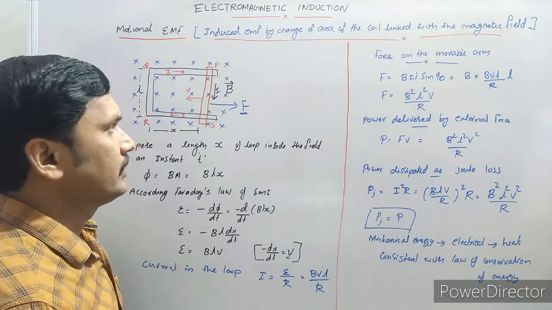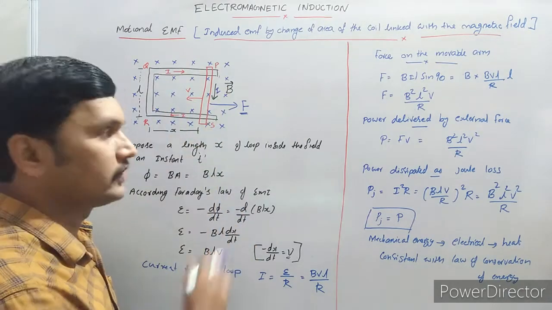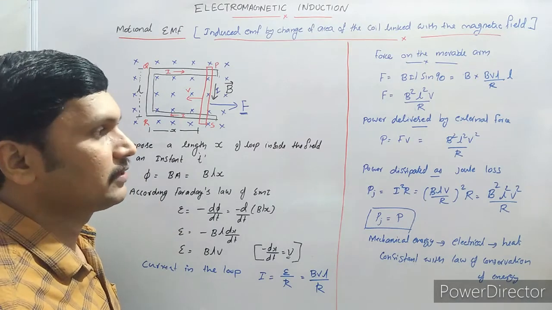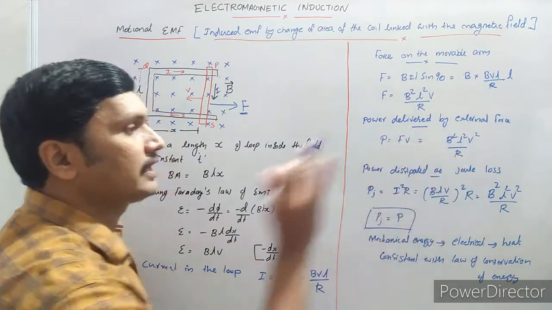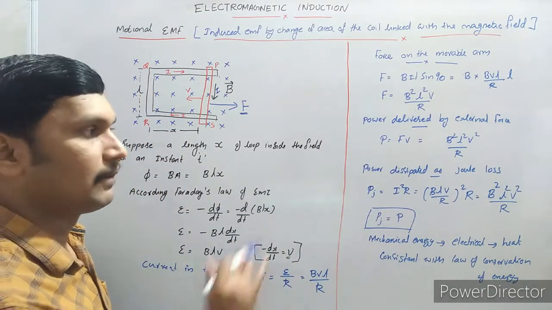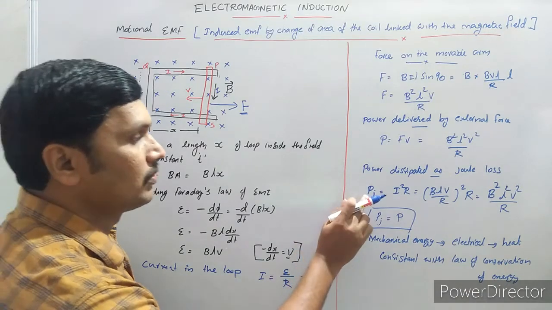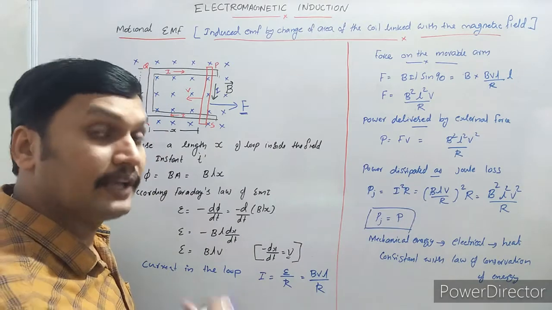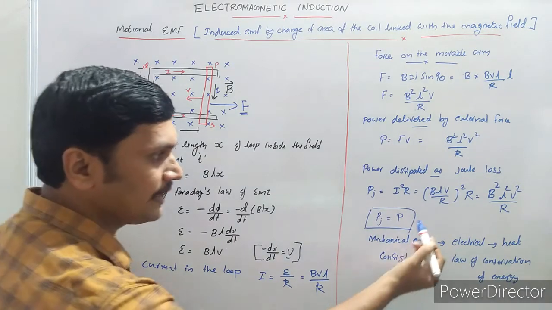At the same time, you can see that some heat energy is produced in this coil. Once this process continues, some heat energy is developed in the coil because of Joule's heating. So what is the power dissipated as Joule's loss? We know that power dissipated by Joule's law is equal to I square into R. What is I?